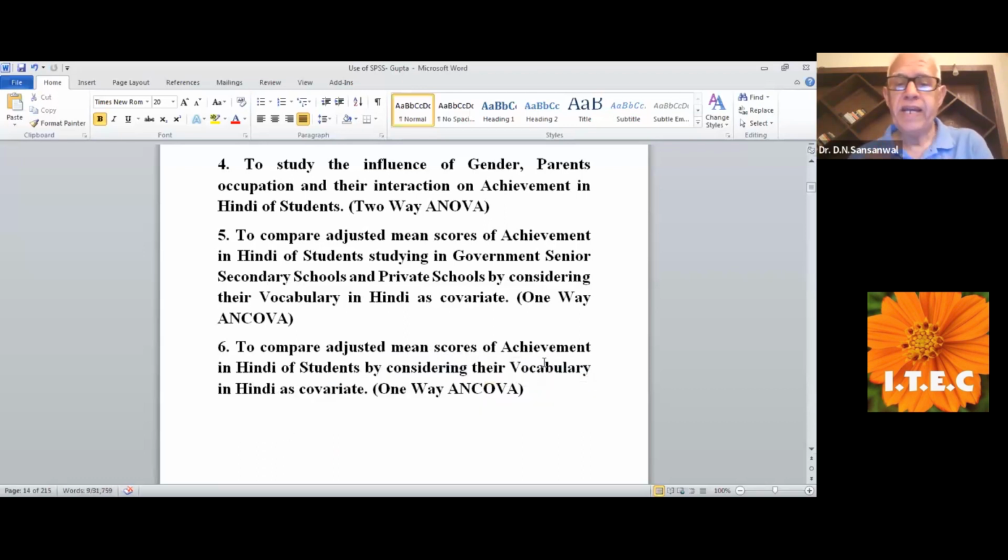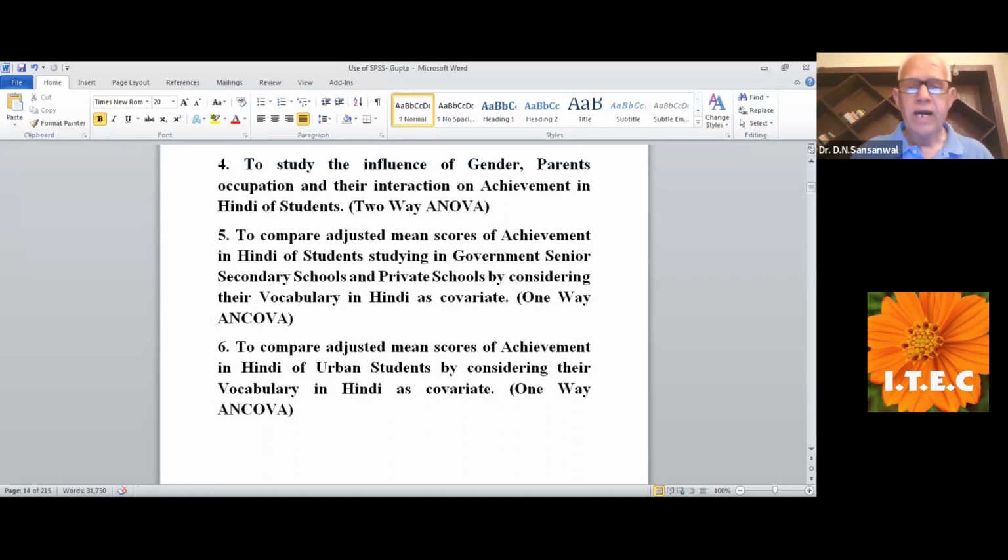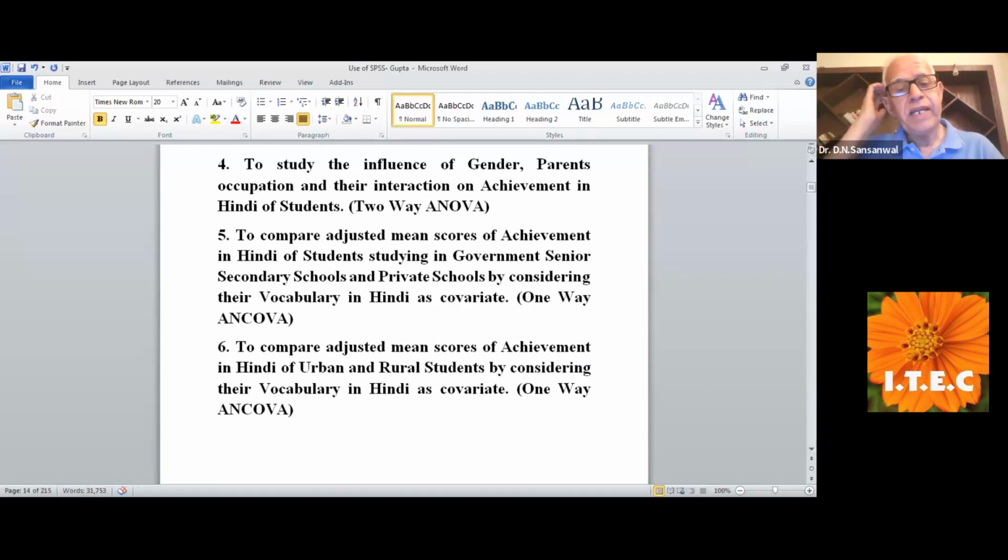To compare adjusted mean scores of achievement in Hindi of urban and rural students by considering their vocabulary in Hindi as covariant. So here also you have to analyze with the help of one-way ANCOVA. If you want, you can write like this also.